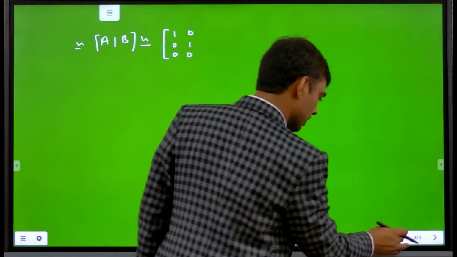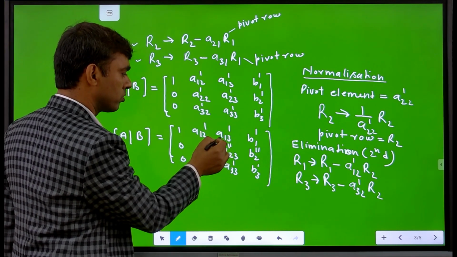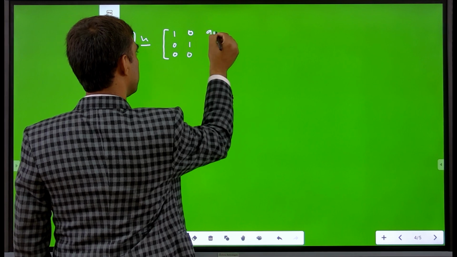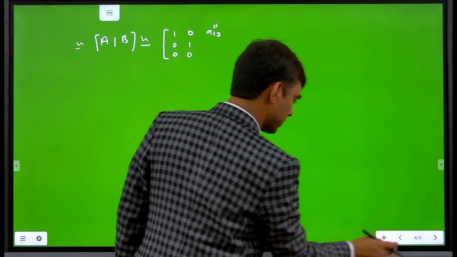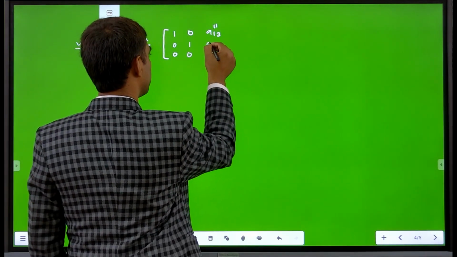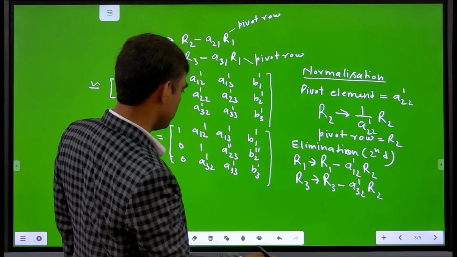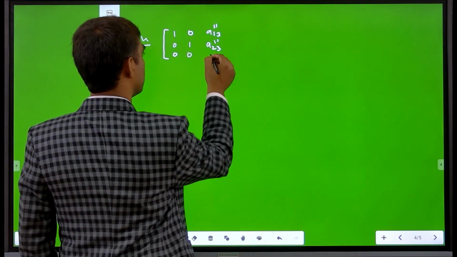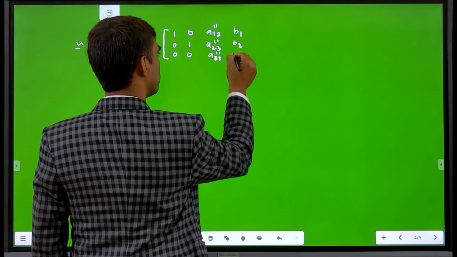Now what will happen in the third column? A13 changes one more time, so here we write A13 double dash, A23 double dash, and next A33 double dash, and here we write V1, V2 and V3.